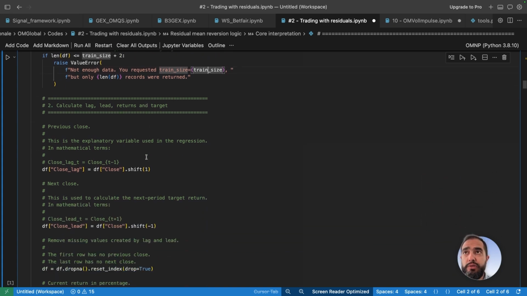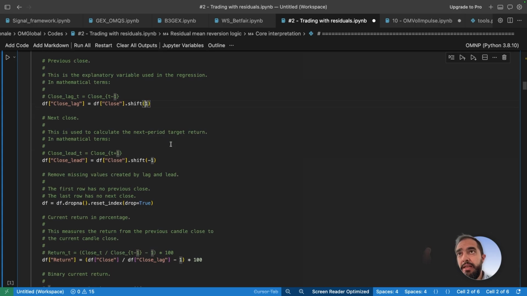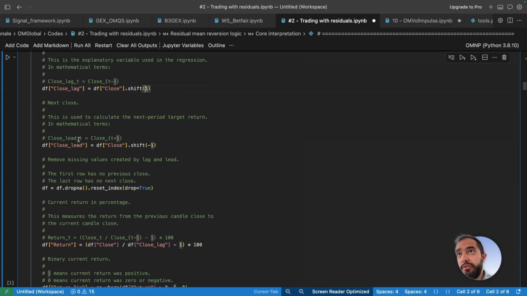Then what are we going to do? First, we will have a close lagged that we are calling in this attribute close lag. So we just take the current close and shift it back by one period. The next one, of course, we need the close lead.